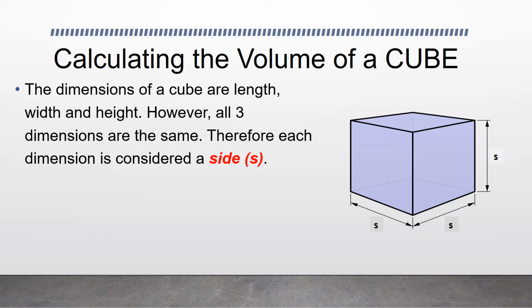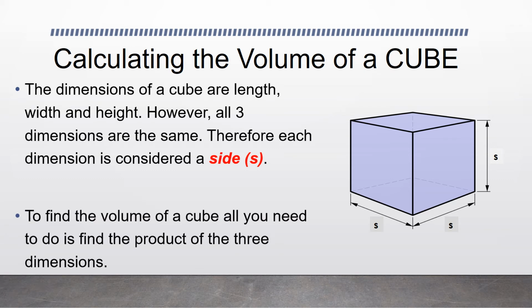Therefore, each dimension is considered a side, labeled S. To find the volume of a cube, all you need to do is find the product of the three dimensions.